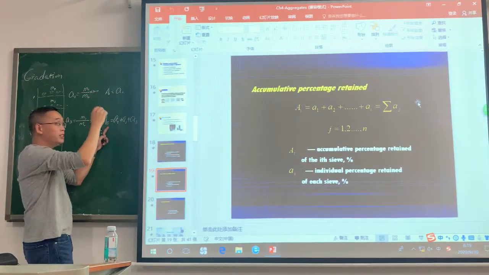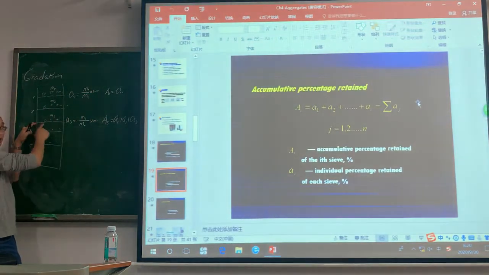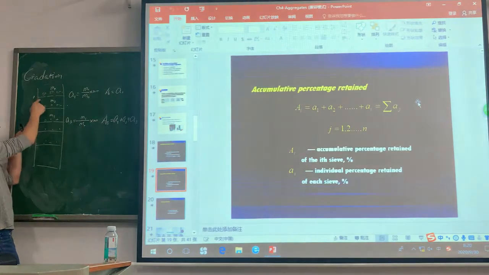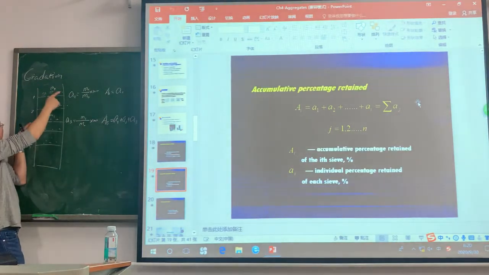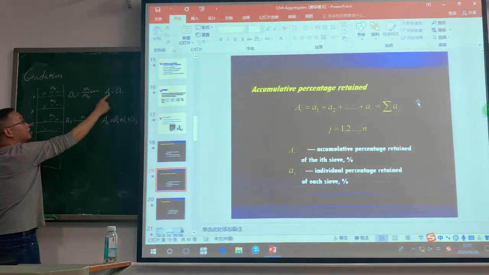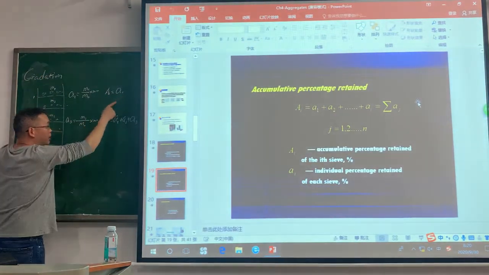Above the third are the second and the first. But for the first one, there is nothing above it, so this one is equal to this one.